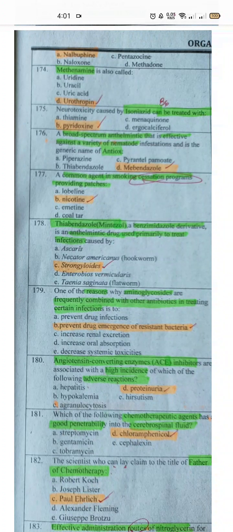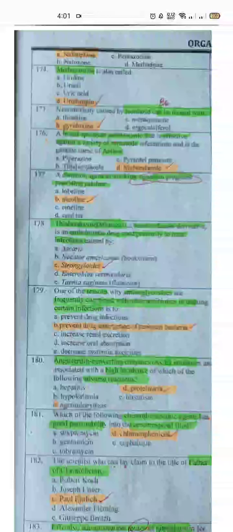177. A common agent in smoking cessation programs providing patches is your nicotine. So, the transdermal patch and chewing gum containing nicotine have been shown to reduce nicotine withdrawal symptoms and to help smokers stop smoking.